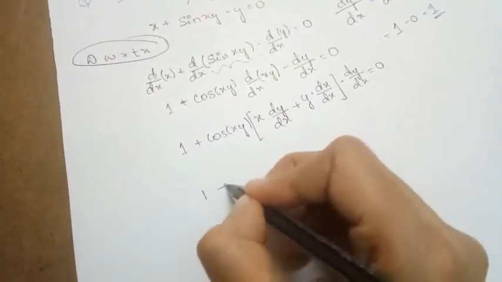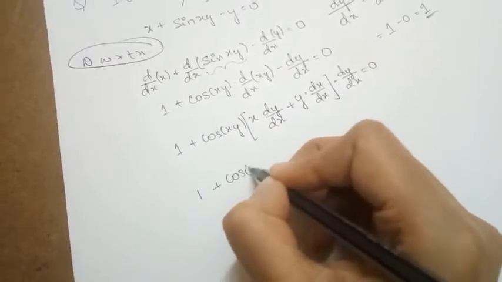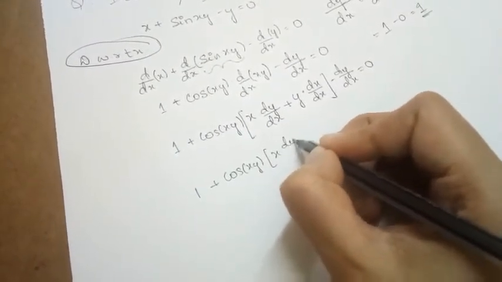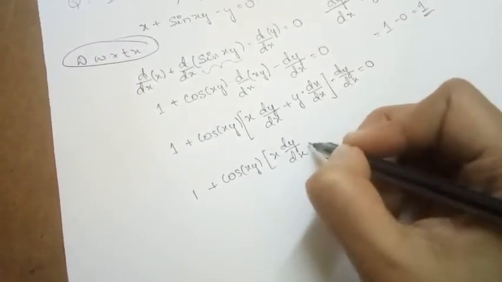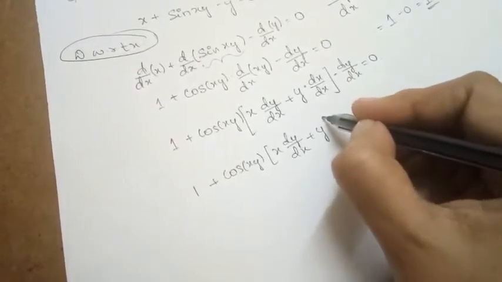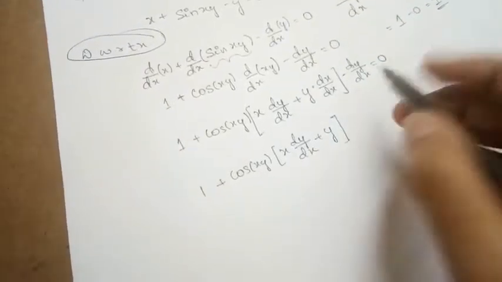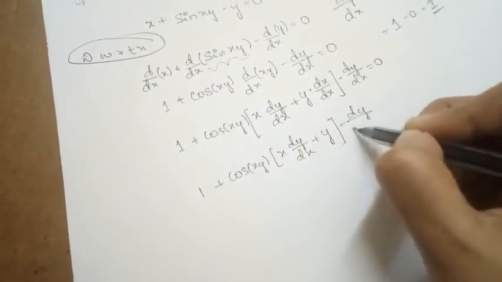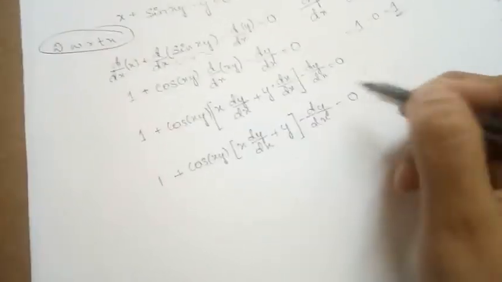So what happens? 1 plus cos xy. Here again x dy by dx as it is, plus y. What is the differentiation of x with respect to x? It is 1. So y into 1, it is y itself, minus dy by dx is equal to 0.